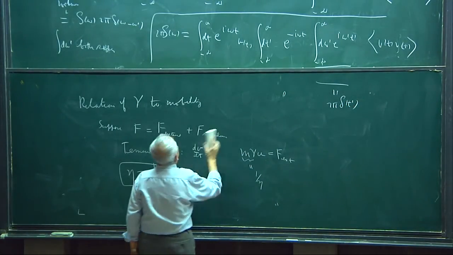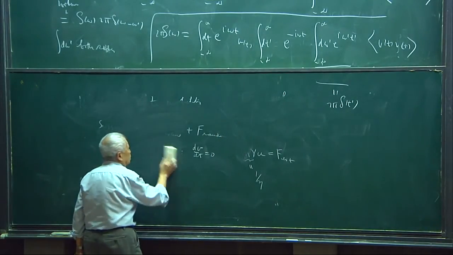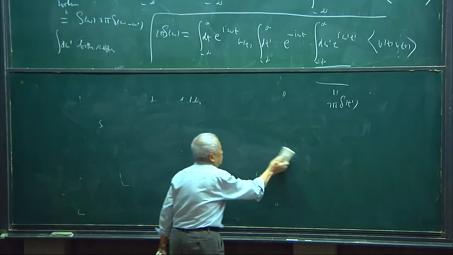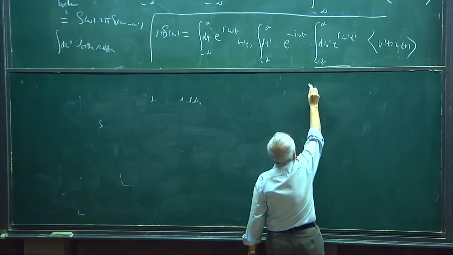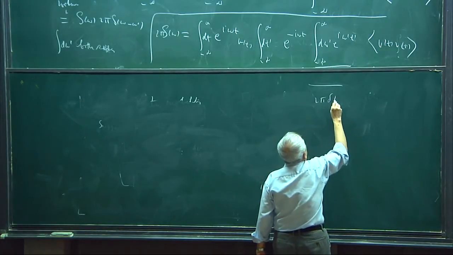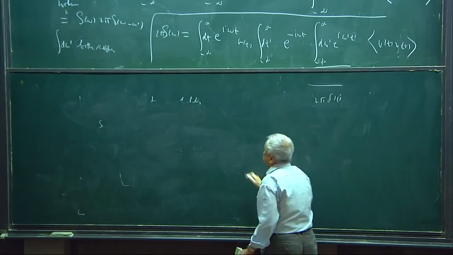So now I can do the t prime integral on the right-hand side trivially. So this is equal to 2 pi delta function of t prime. So I just set t prime equal to 0 to do the integral, right?